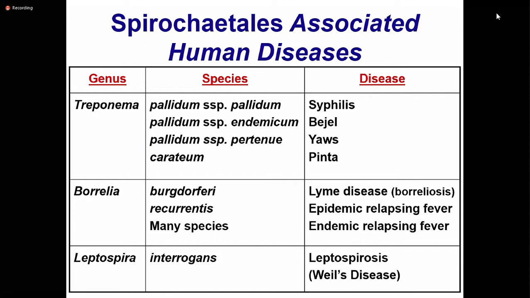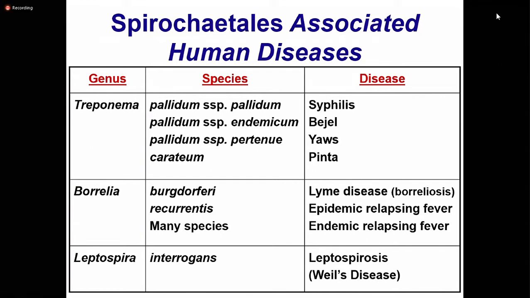So we have Borrelia burgdorferi, which causes what you call Lyme disease. This is one of the arthritis diseases. You will hear it more in the block. There's another species called Borrelia recurrentis.